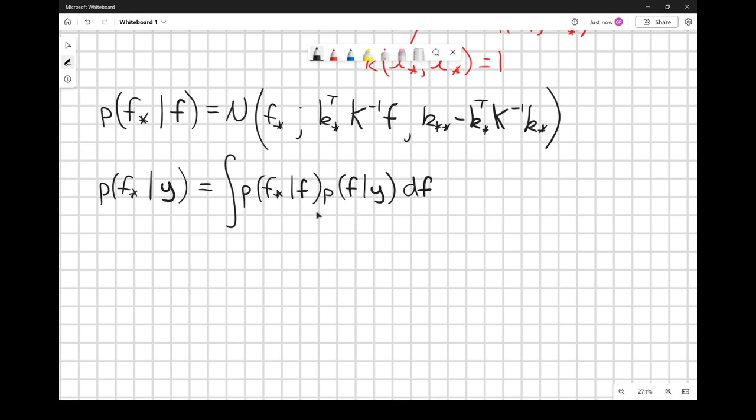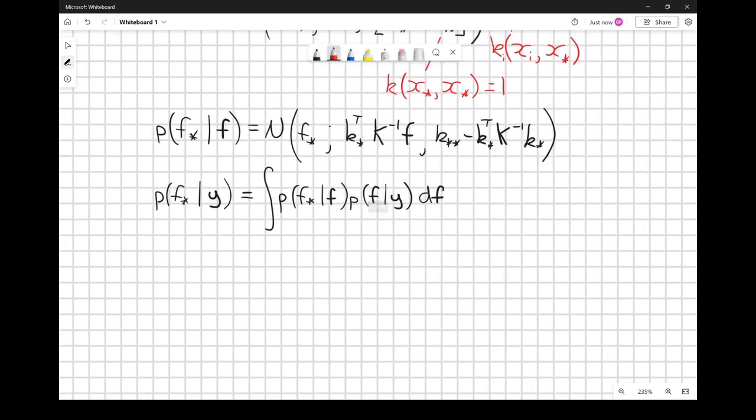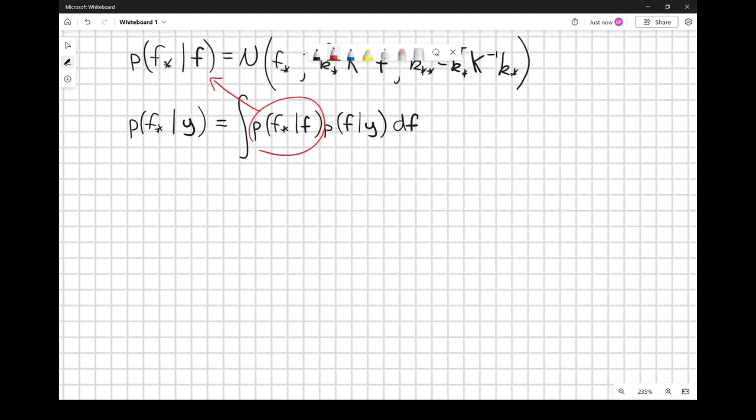We never observe f, we only ever observe y. So if we can evaluate this integral, then we get what we really want, which is the probability of f star given y. Fortunately, we already have this because we've derived it here. So we know that that's a Gaussian distribution. So what we need to do now is get an expression for the probability of f given y.